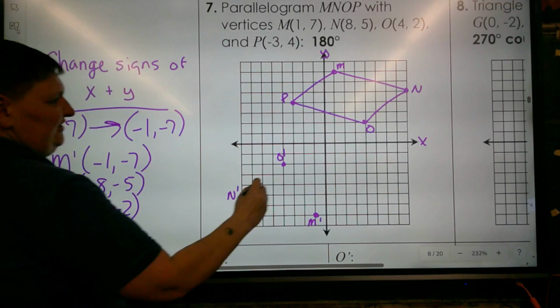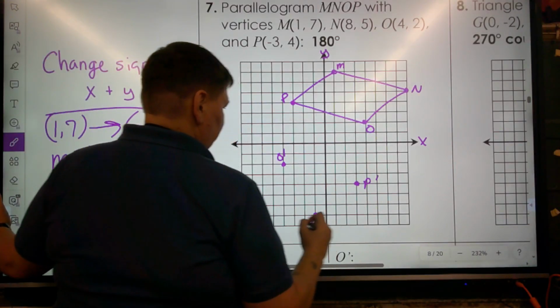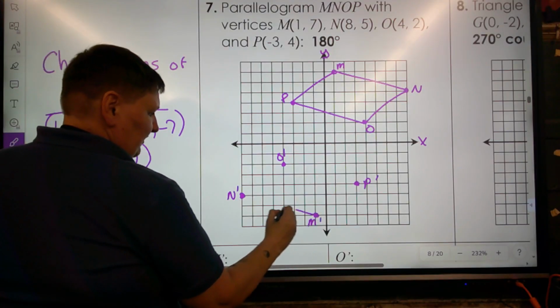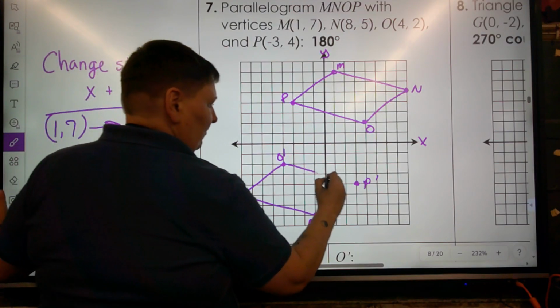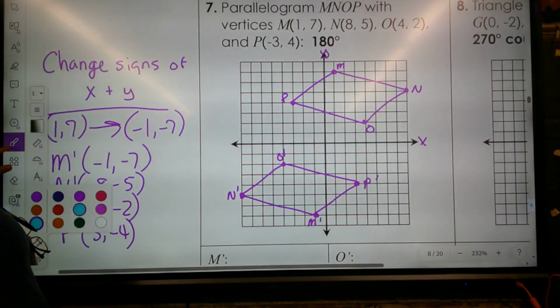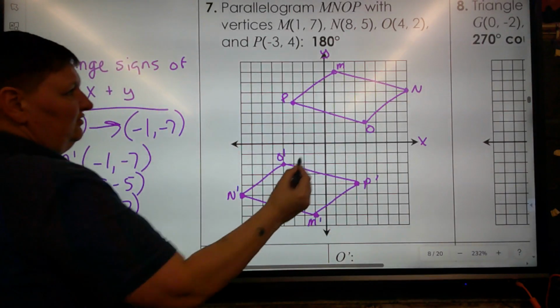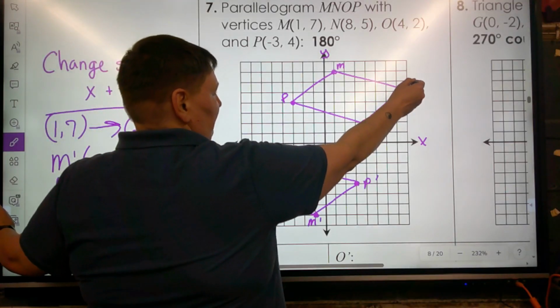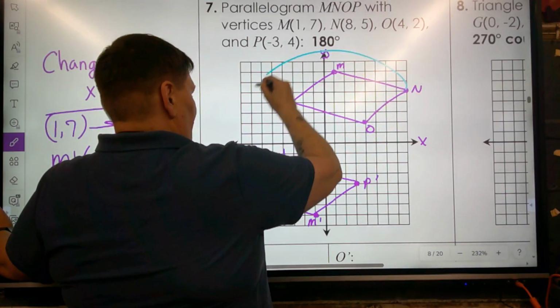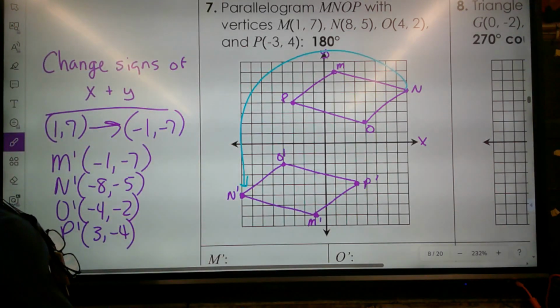P prime, 3, negative 4. M, N, O, P, back down. Check it. 180 degrees, right? It should make a half circle. Let's start at N. Go to N prime. That looks like a half circle to me, y'all.